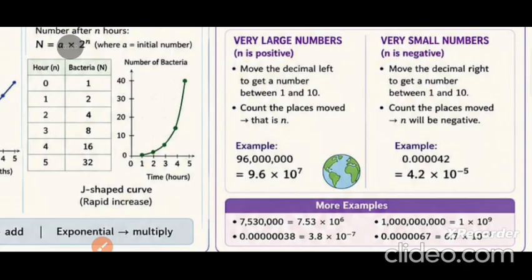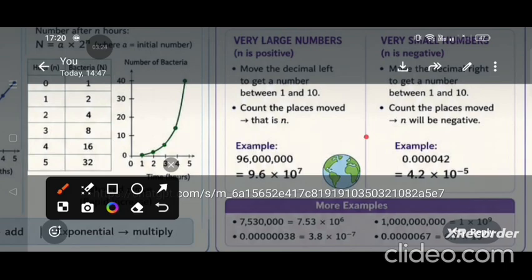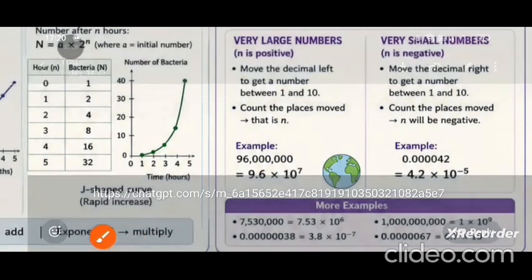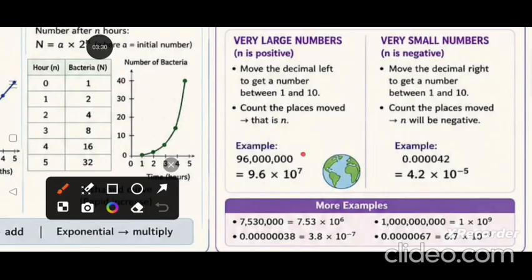So from here we are removing decimal after 9. So it will become 9.6. And how many digits under this curve? That is 7. So 9.6 multiply 10 raised to the power 7.